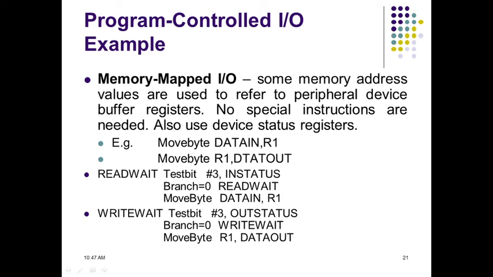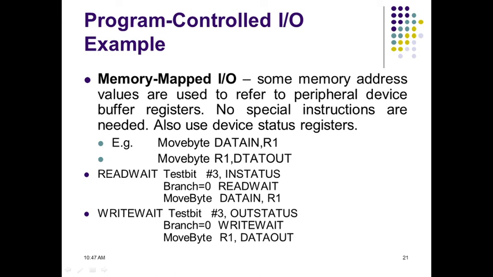Similarly, the content of register R1 can be transferred to data out by the instruction move byte R1 comma data out. So this will transfer the content of register R1 to data out.